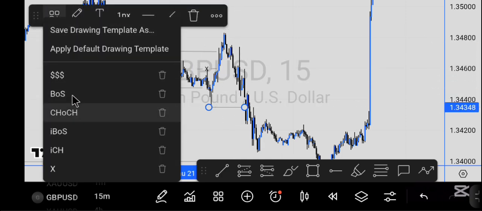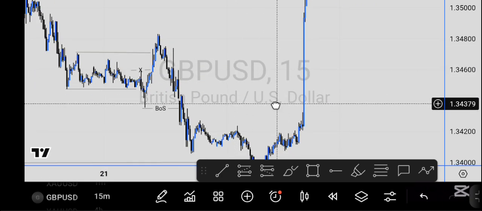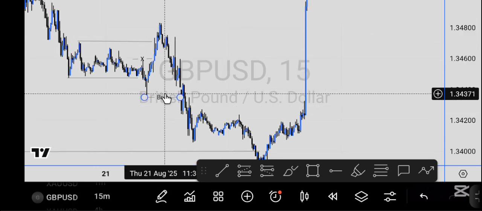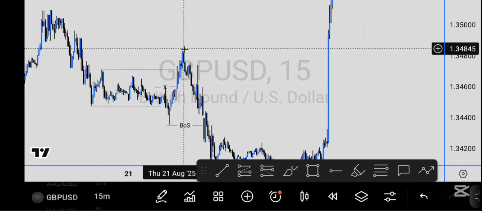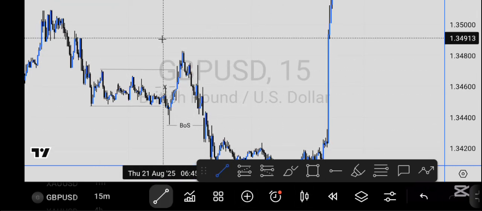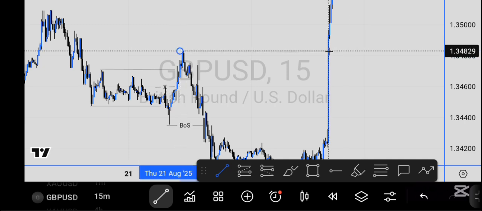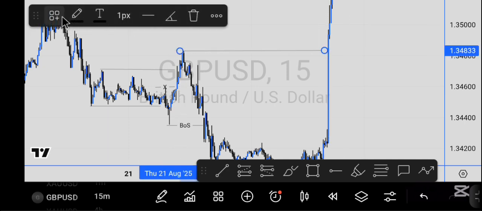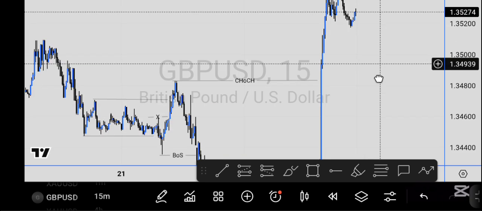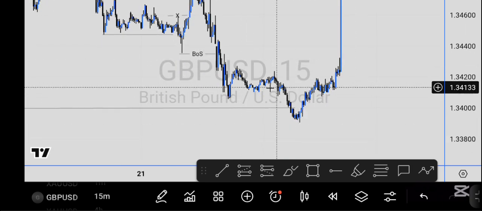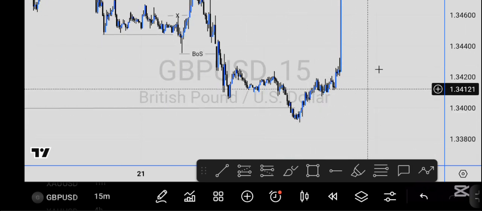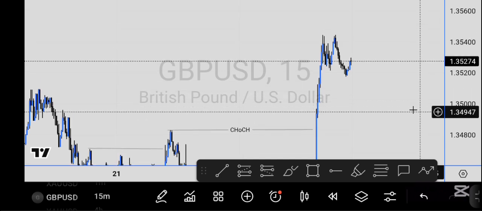And then this high, since this is our valid break of structure, becomes our valid choke. So since this is our valid choke, we mark it like this. It has confirmed this change of this zone here, that price wants to go higher.